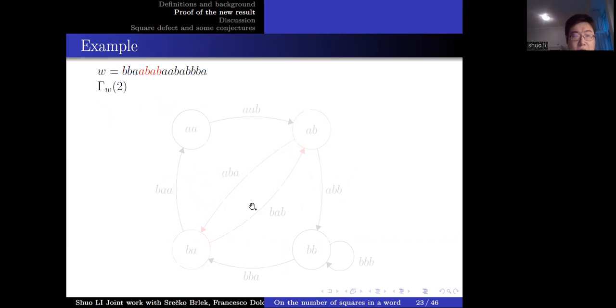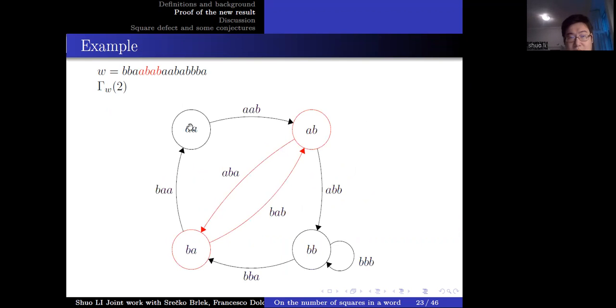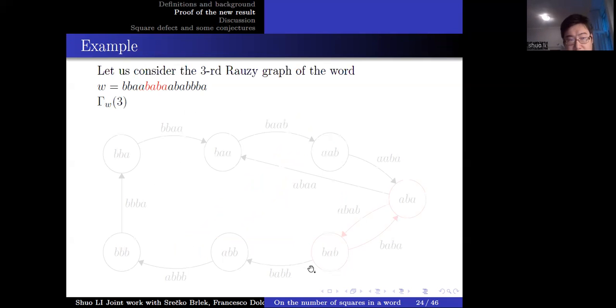And for the word ABAB, we will switch to gamma 2, and the ABAB will be associated with this small secret. And we remark that on this radial graph, there exists one more small secret like this. Well, this small secret will not be associated with any squares.